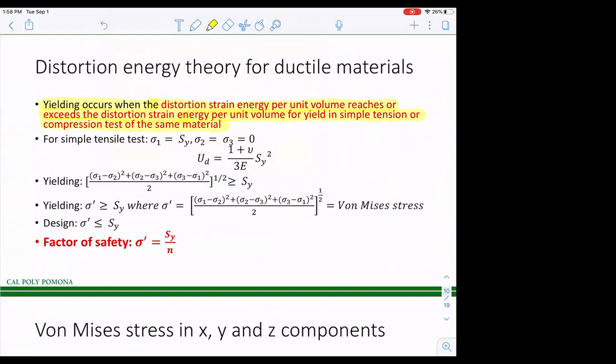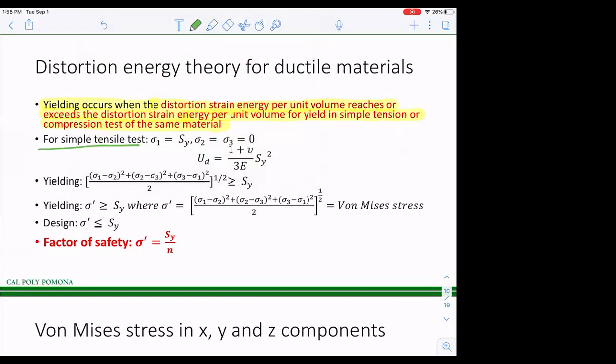That means when you do a tensile test or compression test, the distortion strain energy per unit volume that you get, in the actual case of the structure, if the distortion strain energy per unit volume exceeds that value, then we say the structure has failed. Okay, so let's look at this.